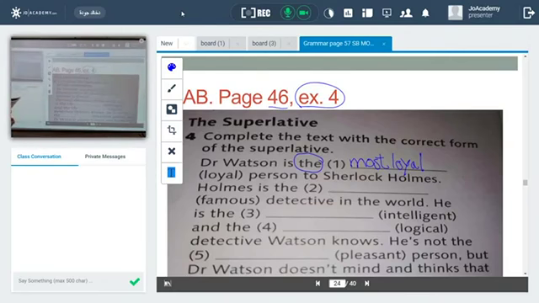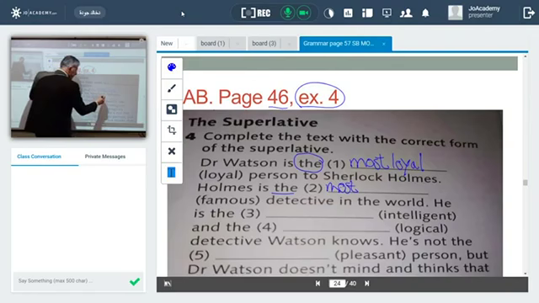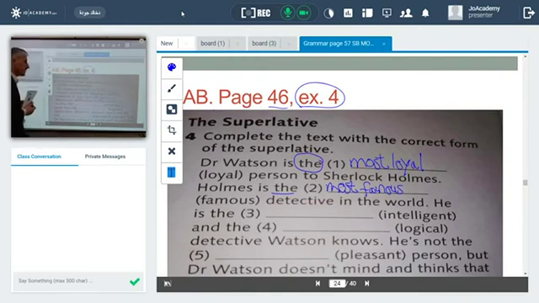Holmes is the most famous. Remember here we use the most. The most famous. Okay, the most famous detective in the world.